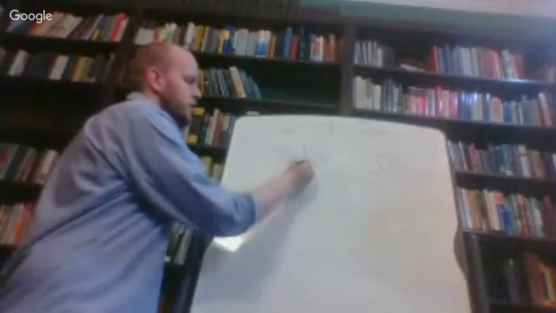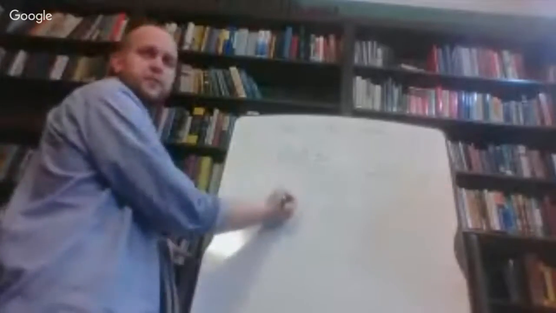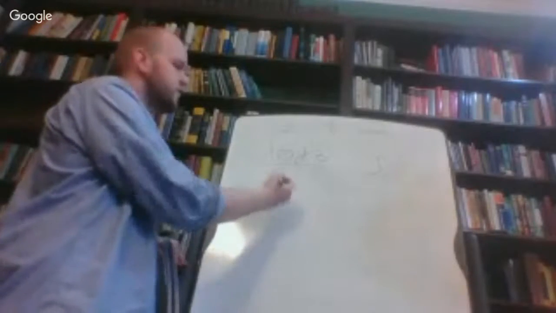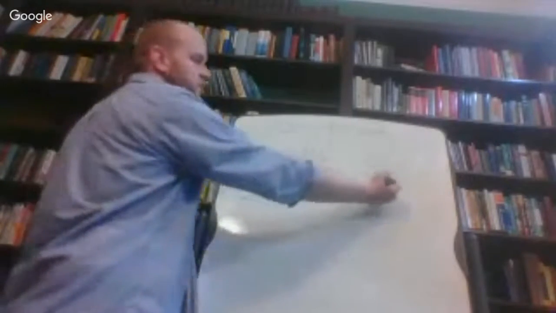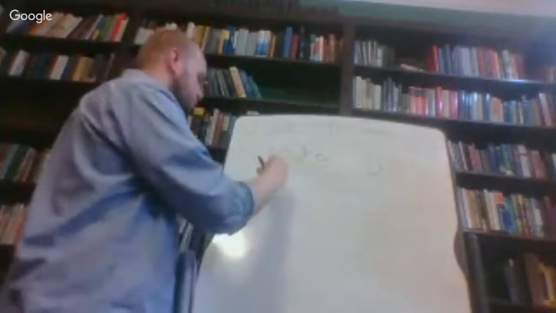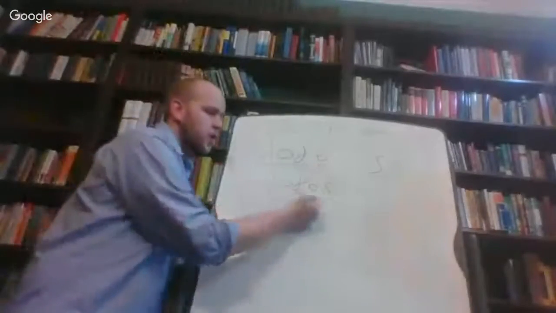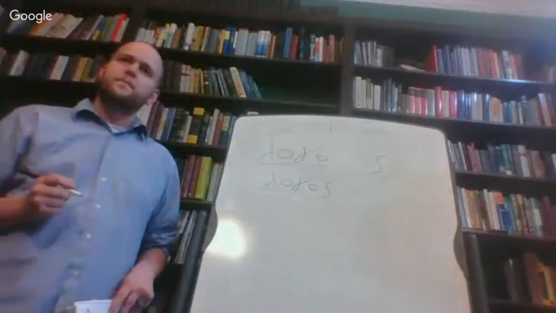So we have logo and then sigma. This is the stem of the word. The stem plus the nominative case ending is going to be the lexical form, or the dictionary form of the word. So anytime you're looking in a dictionary, logos will always be listed as logos.